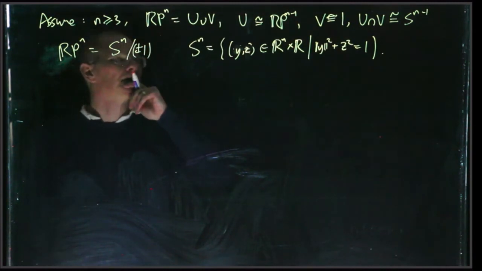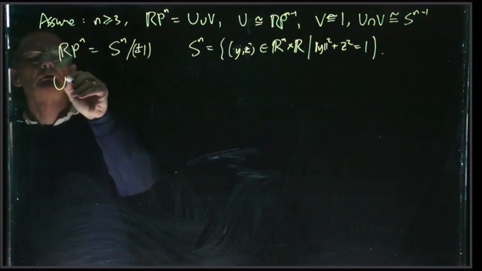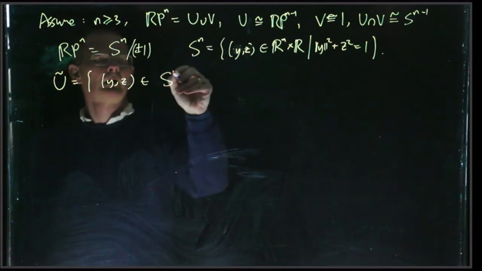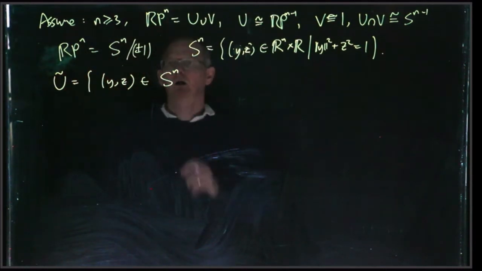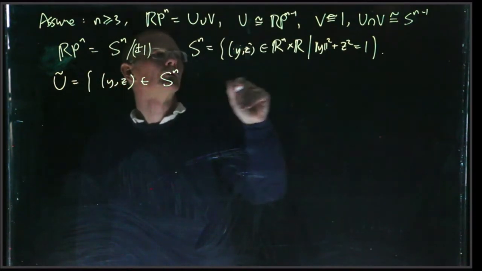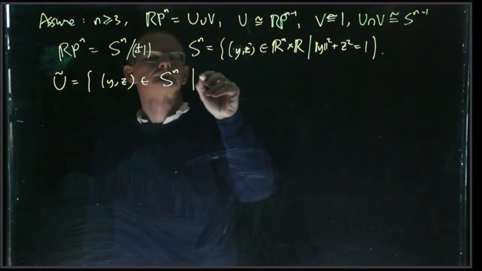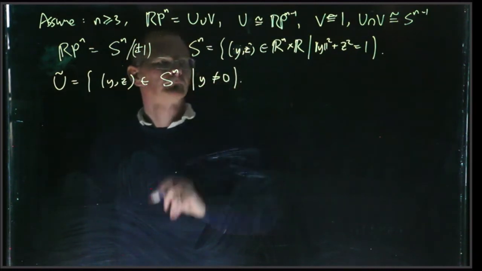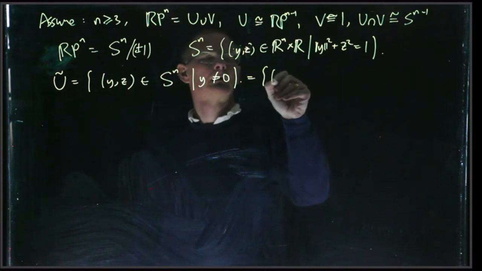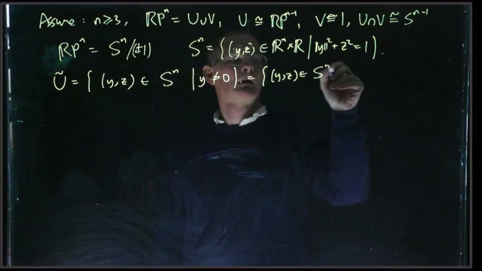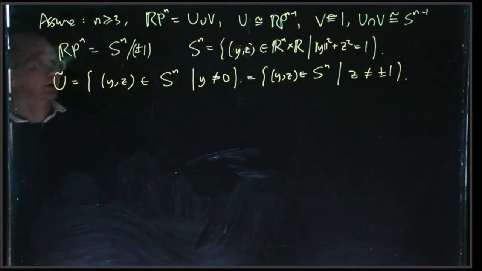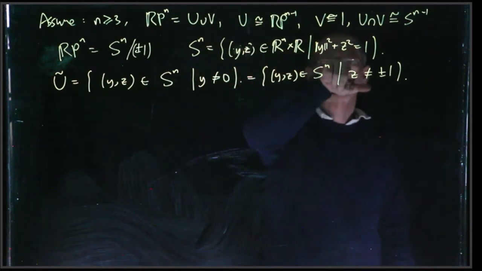Okay, and then we're going to have our U tilde. This is going to be the set of those (y, z) in S^n where y is non-zero. For y to be non-zero, by this equation here, that's the same as saying z is not equal to plus or minus 1.